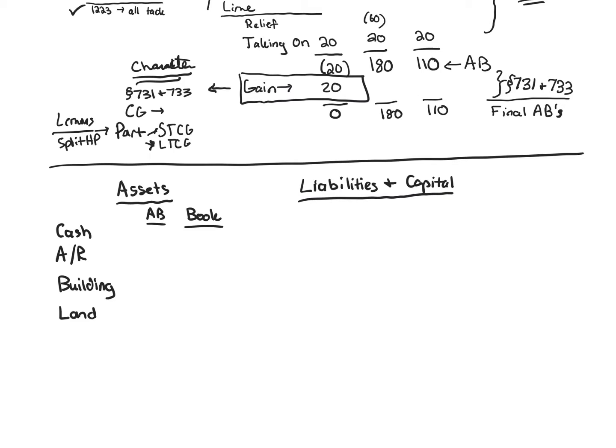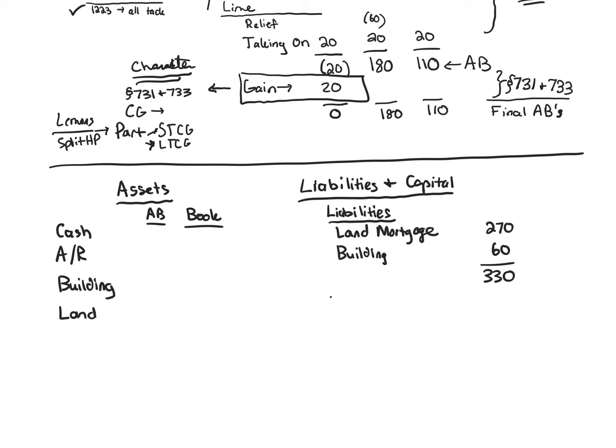Now, the main difference between this problem and problem 1 is that we have liabilities in problem 2. We've got the land mortgage. We've got 2 mortgages, and the partnership takes these on. And we've got the building mortgage. We don't have multiple columns for these. It's just going to be 270 and 60, which equals 330.